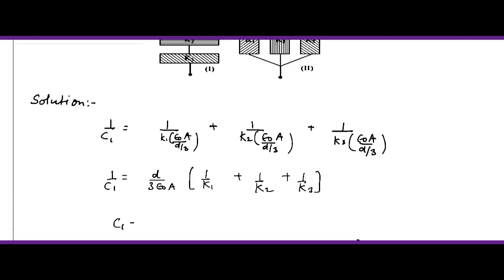So C1 is equal to 3 epsilon naught A by d times K1 K2 K3 by K1 K2 plus K2 K3 plus K3 K1.